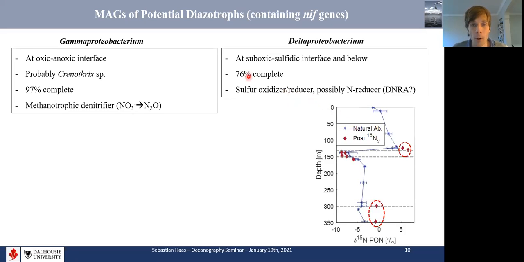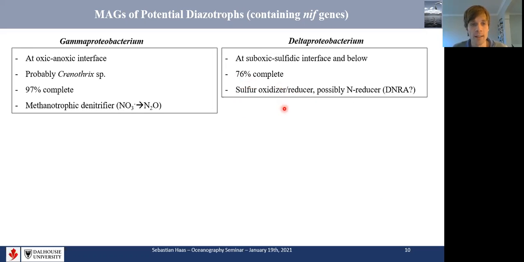So all of this is based on DNA, which always has this caveat: DNA doesn't necessarily equal activity. So they could have the genes and not express them. So you need different lines of evidence to establish more firmly that nitrogen fixation actually is active in the lake.